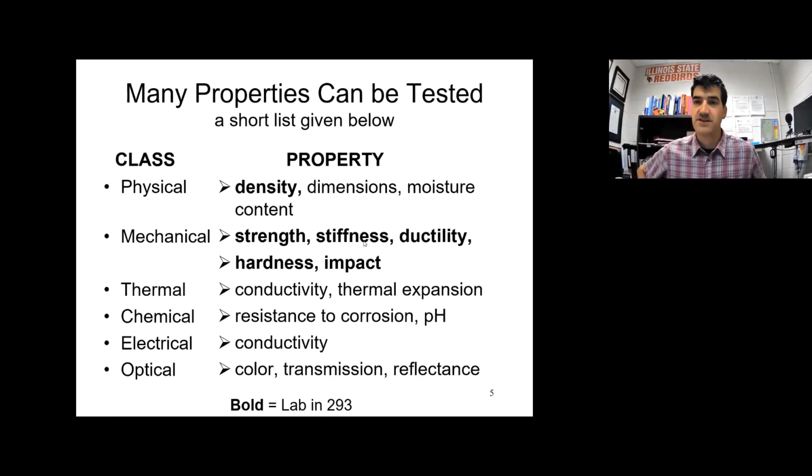Sometimes you've got to be careful about that. You wouldn't want to make a circuit board out of something that is highly conductive, or else you're going to short out everything else on the circuit board, for example. Yeah, the ones in bold are the ones that we're going to focus on in TEC 293.